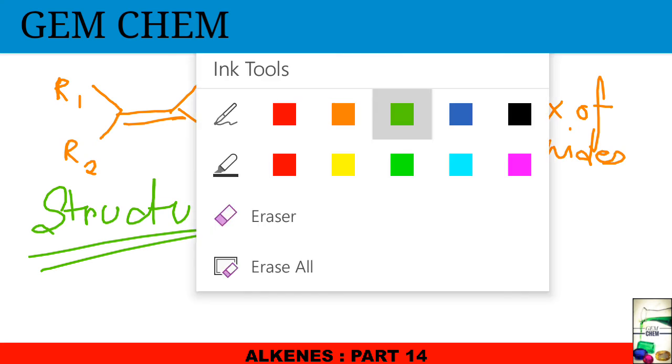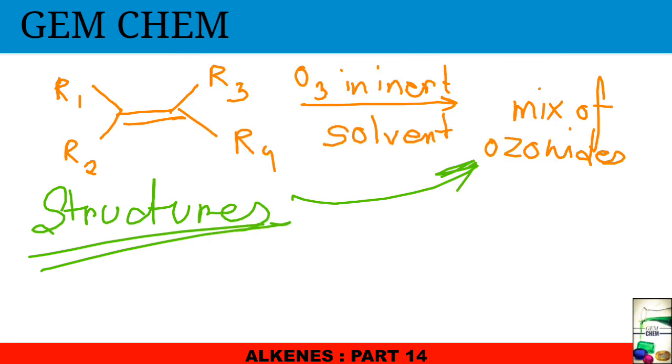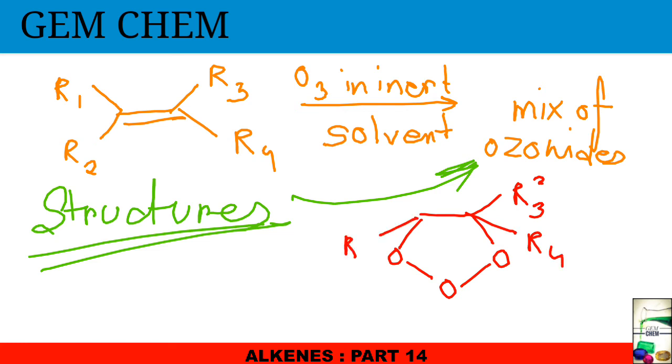Now see, first of all we will draw the mole ozonide coming from here, right? So this is very important. This is oxygen, this is oxygen, this is oxygen. Here we will get R3, R4, R2, R1, right?